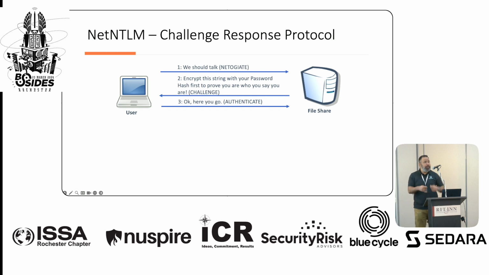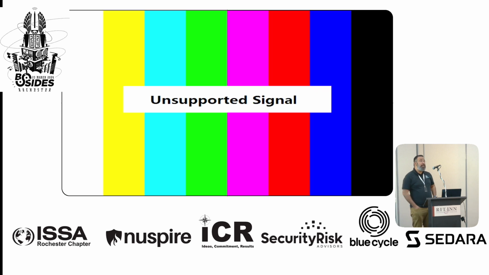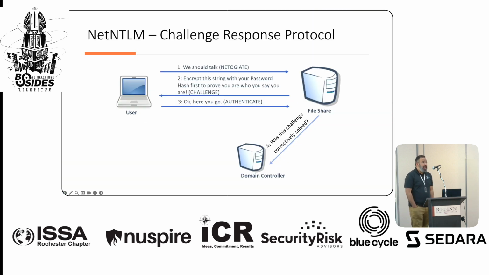So we'd say, okay, here we go. I just encrypted it. Here is the current timestamp encrypted with my hash that only I should know and maybe the domain controller should know. The file share then takes that to the domain controller to verify. Hey, domain controller, Qasim just gave me this encrypted package. There's a response to my challenge. He encrypted the current timestamp with his hash.